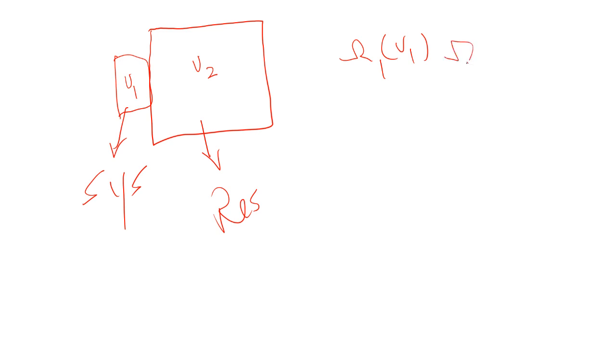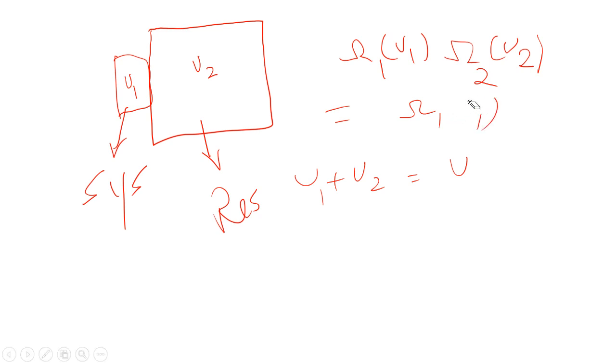The number of ways in which you can rearrange your reservoir is this, but keep in mind that U1 plus U2 is fixed, which is U. So you can think of this as omega 1 of U1, the total number of ways in which you can rearrange the microstates of the system and the surroundings. So then this would be U minus U1.